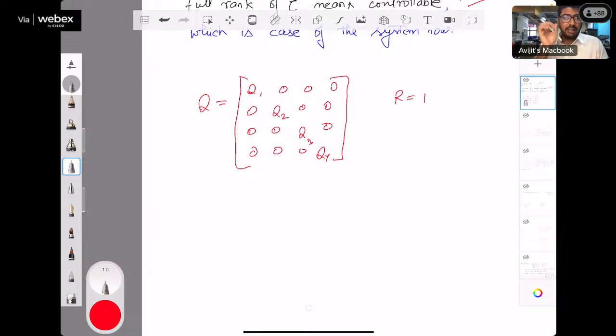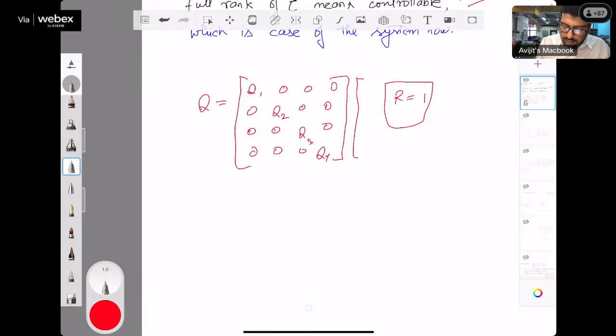And u transpose Ru represents the energy cost. Through the R matrix, we tell for which input how much energy is allocated. Since in our case we have only one input, that is T, we'll keep R as 1.